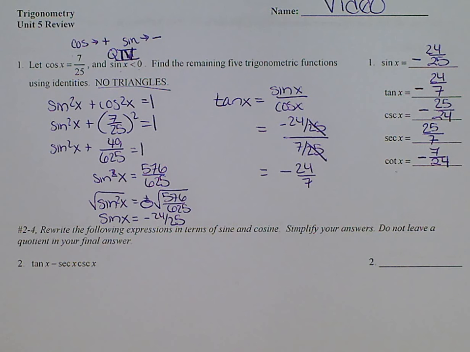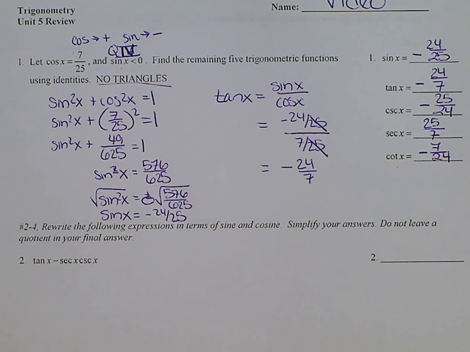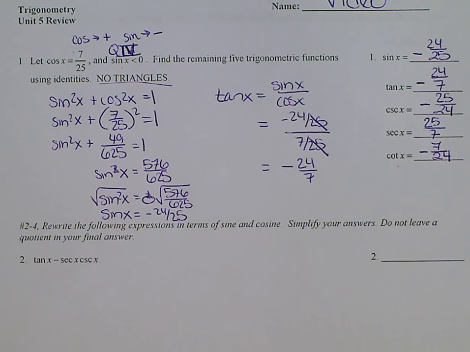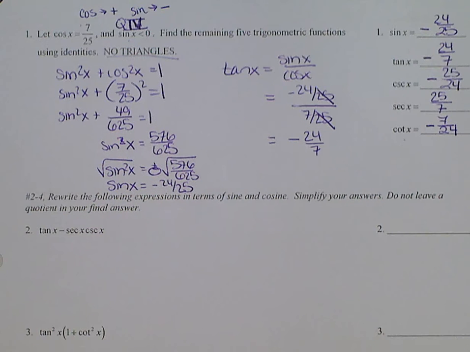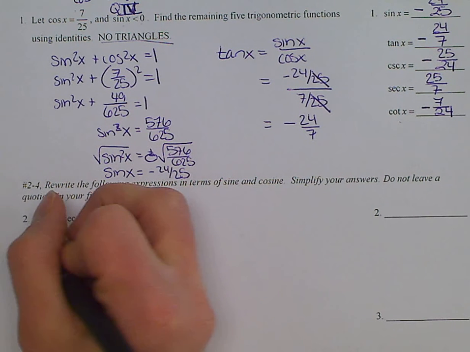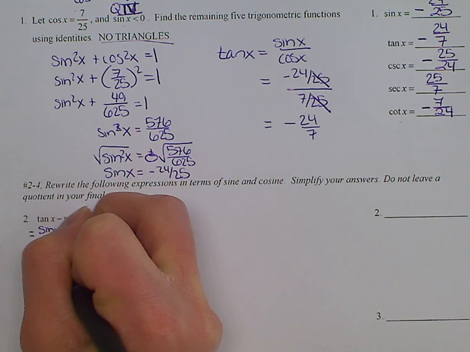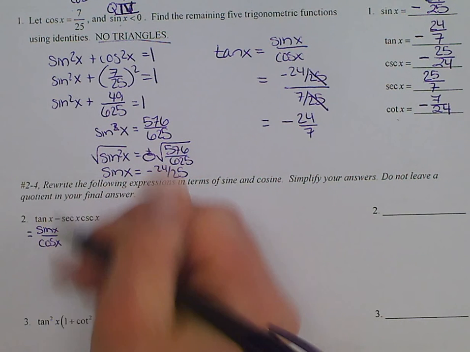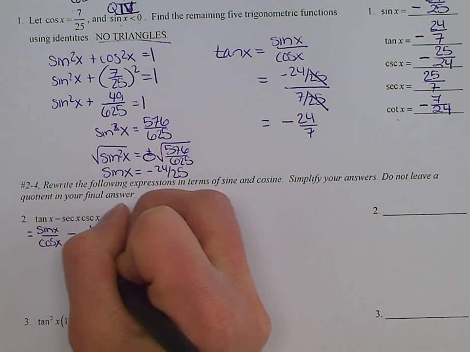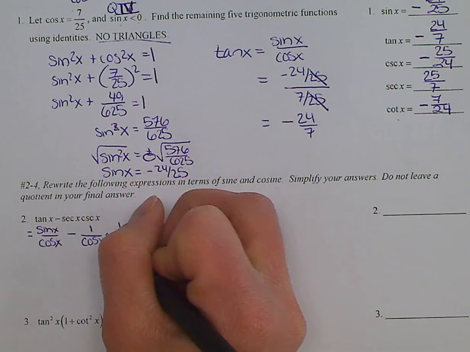Numbers 2 through 4 say to rewrite the following expressions in terms of sine and cosine. Simplify your answers. Do not leave a quotient in your final answer. Okay, so I'm going to change the tangent to the sine over the cosine. I'm going to change my secant into 1 over the cosine and my cosecant into 1 over the sine.